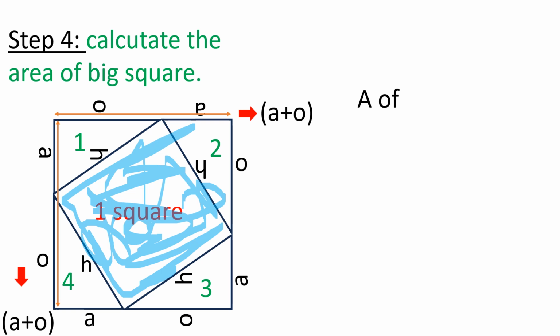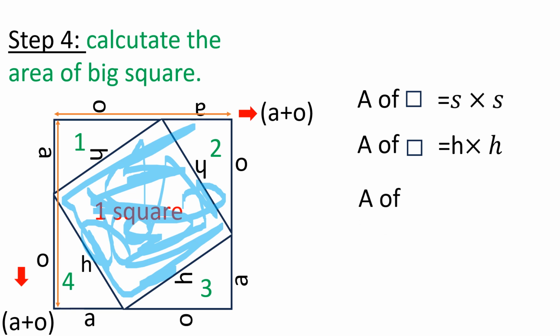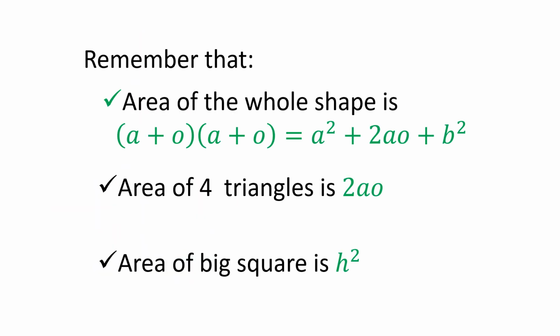Remember that area of a square is calculated by side times side. Now, from this picture, the side is behaving like hypotenuse. Now, area of the square is given by hypotenuse times hypotenuse. Area of the square is hypotenuse squared. Are we together?